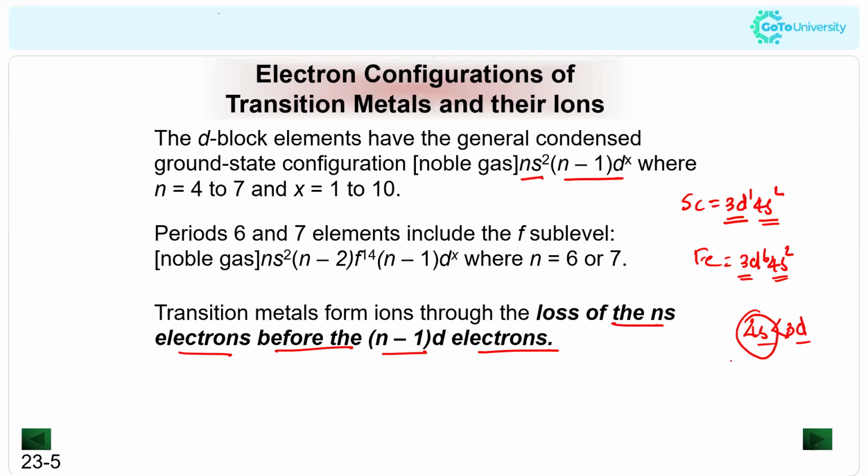The energy difference is slightly different. It is not like our expected thing, that 3d has a higher value than 4s, but still 4s is the valence shell. It means while removing the electrons, it will move from 4s, not from 3d. After removing from 4s, if we need to remove more electrons, they will come from the 3d subshell.